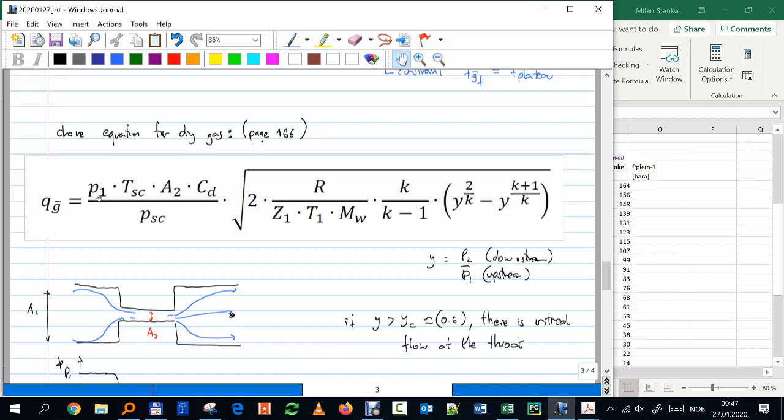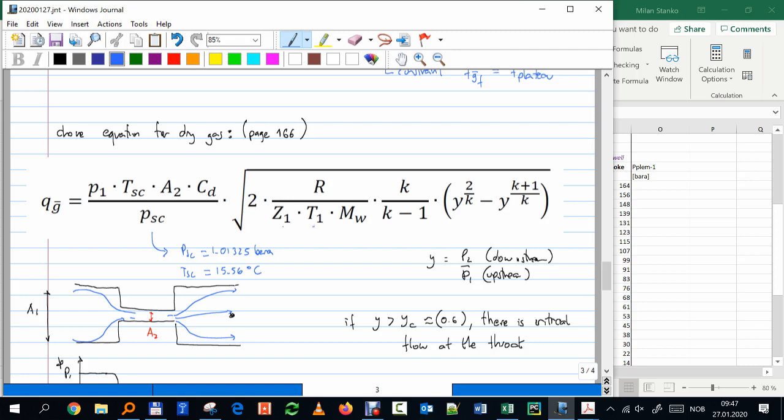So here we have the inlet pressure, and the standard conditions pressure and temperature. In Norway, how much is that? P standard condition is 1.01325 bar. T standard condition is 15.56 degrees Celsius. In Brazil they use 20. In Africa they use some other numbers, but it's like a reference.